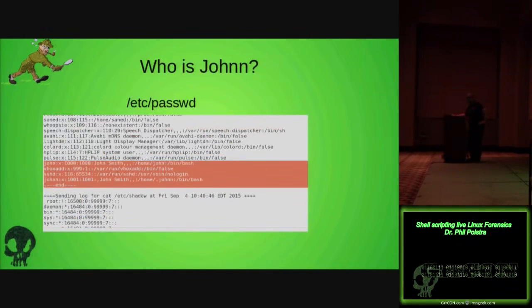Who's John with two N's? So if you look at the highlighted portion, you'll notice that there is a user, a legit user, John Smith, and I see this John with two N's, and it almost looks like someone tried to impersonate the first user, didn't they?